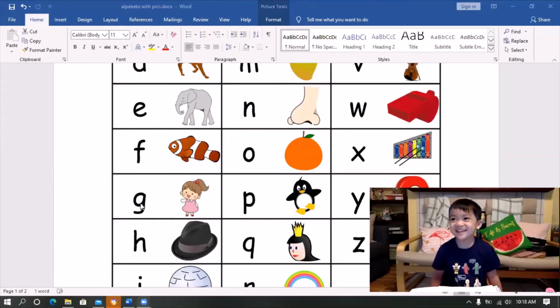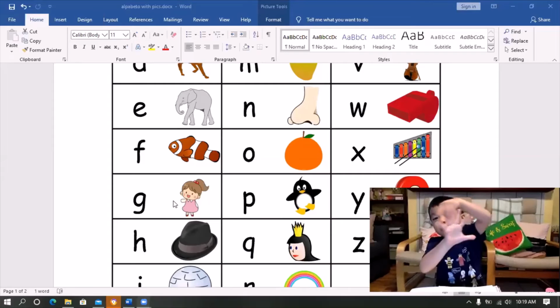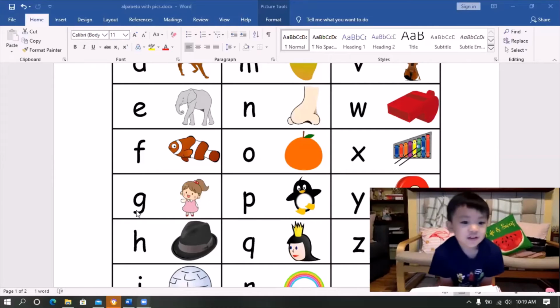Girl begins with G. You are a boy and a baby sister is a girl. G for girl.